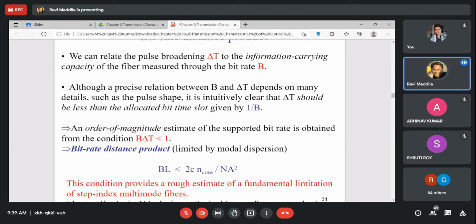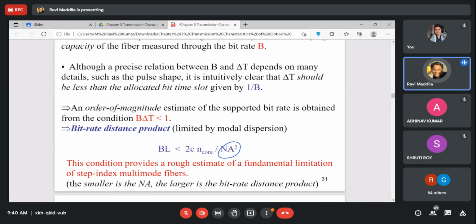The pulse broadening and the bitrate, the product of these two gives us an idea of the order of magnitude estimate of the supported bitrate. The bitrate distance product, that of course can be given by BL, and that should be less than twice C. N core is the refractive index of the core, and we have already discussed what is NA, the numerical aperture of a fiber.